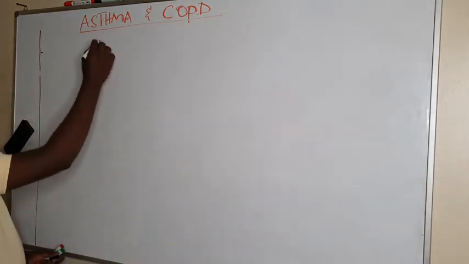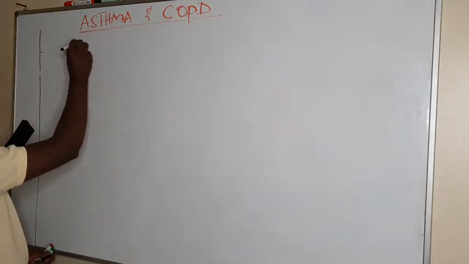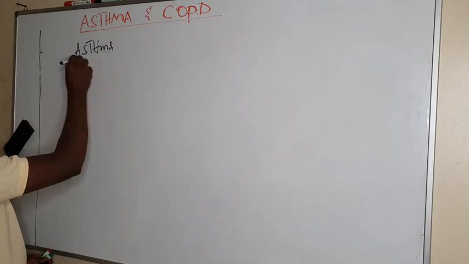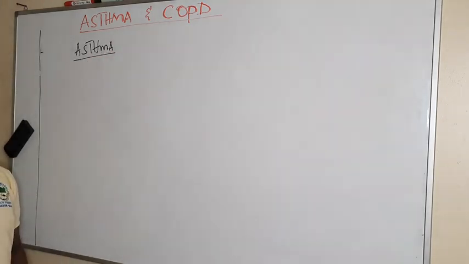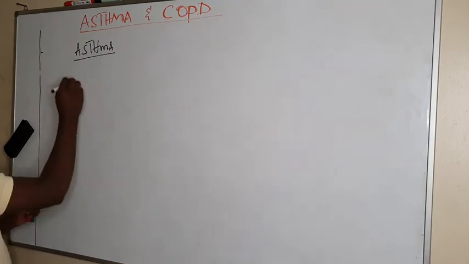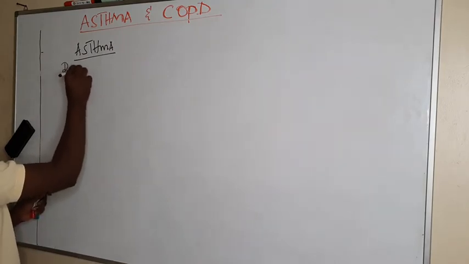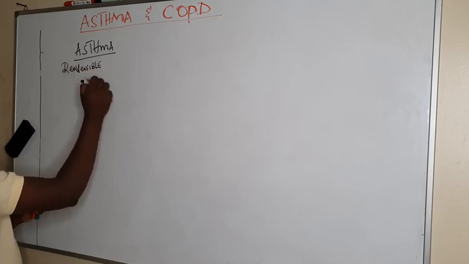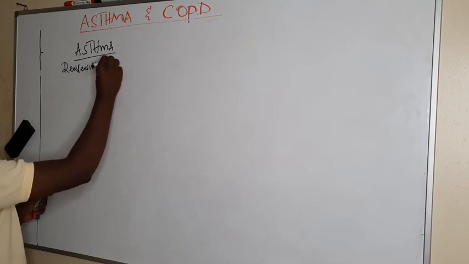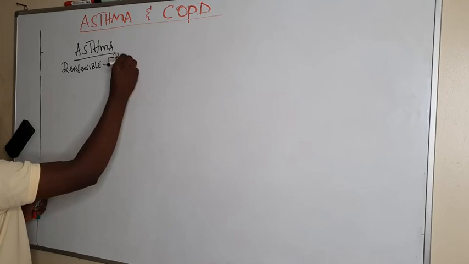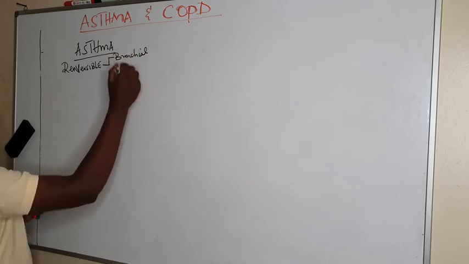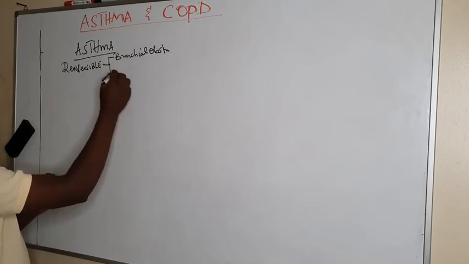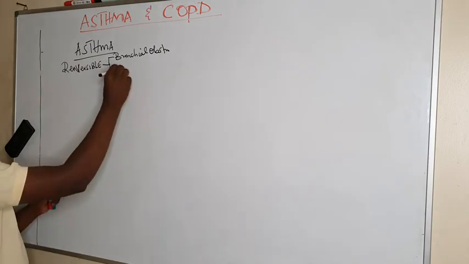So in asthma, this asthma is a reversible condition characterized by bronchial obstruction together with bronchial hyperresponsiveness.